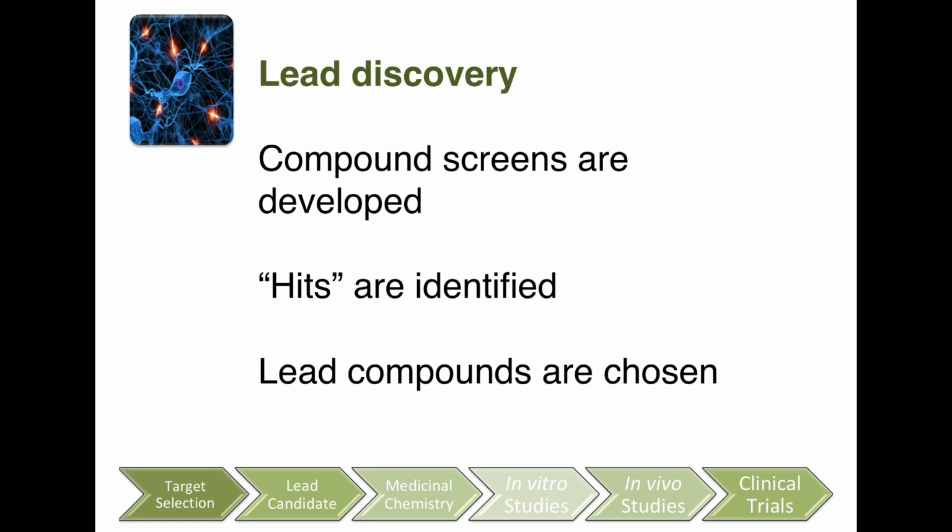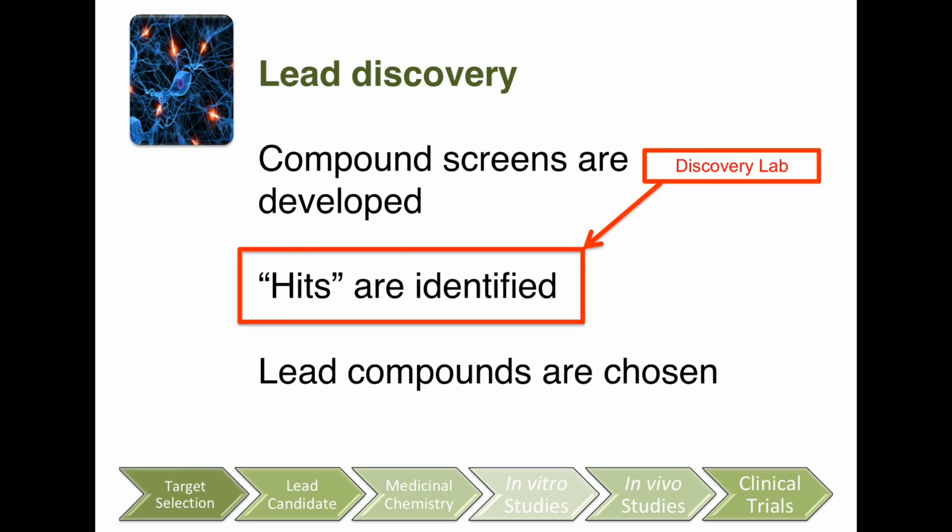Even though every single one of your projects has been informed by data, everybody in the class is testing a compound that either has published data showing that it looks promising or data from our own class showing that it's promising, the vast majority of your compounds are not going to kill the larvae. So from our large research effort as a class, we're going to identify hits, and those hits could become lead compounds. So this is where we are. We are identifying hits that we can then call lead compounds.